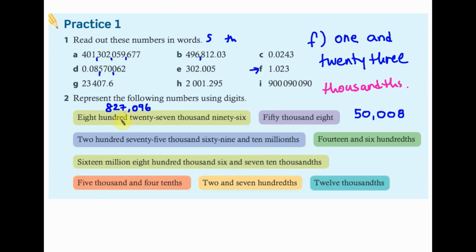So for example, the next one, 275,069 and 10 millionth with the th at the end. That means I know that there will be a decimal point. But let me see what I can do for the ones on the left side of your decimal point. In here, if I write one at a time, you have 275,000, which means I should have 3 digits right here.